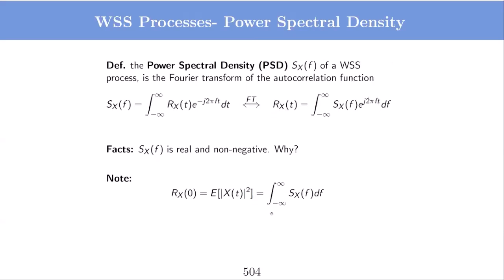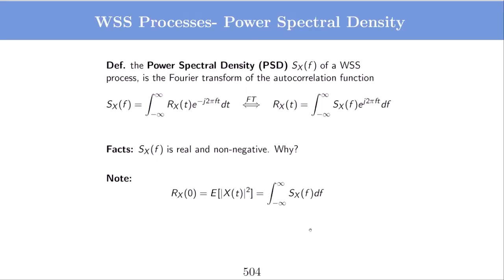So I will get the integration of Sx(f) df. Now, what is Rx(tau)? It is the expectation of x(t) times x(t plus tau). If I put tau equal to 0, I will get Rx(0) equal to the expectation of x(t) times x(t), which is x(t) squared. If x(t) is a signal, you can look at x(t) squared as the power of the signal. So this is the expected power of the signal.